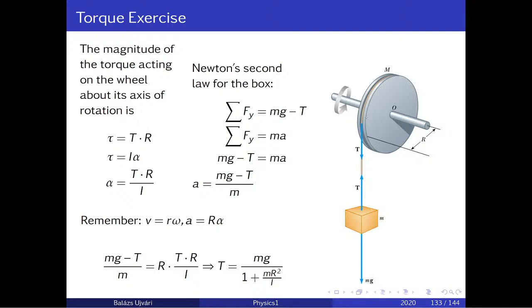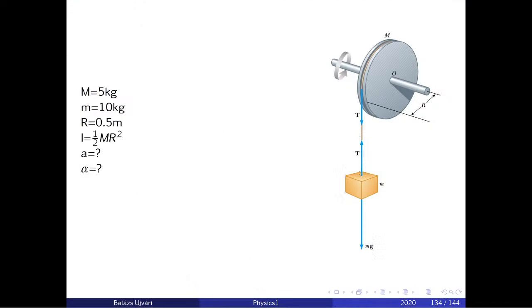And acceleration and angular acceleration are connected by the radius, like speed and angular velocity are connected by the radius. That means if you combine this equation and this equation, you can calculate what is the T in the string. On the seminar, we will solve one example, and you will see it's pretty simple.